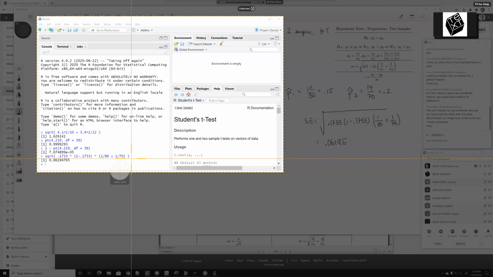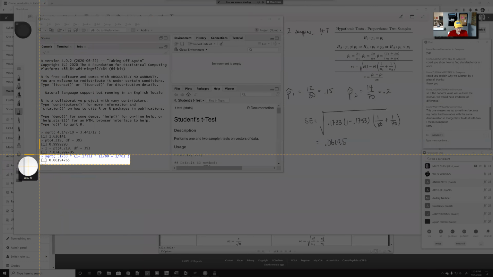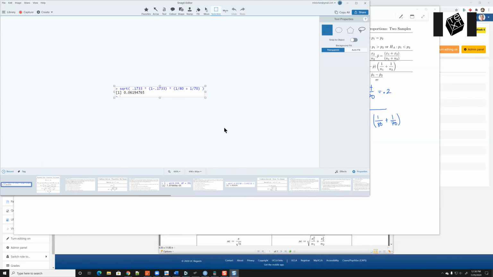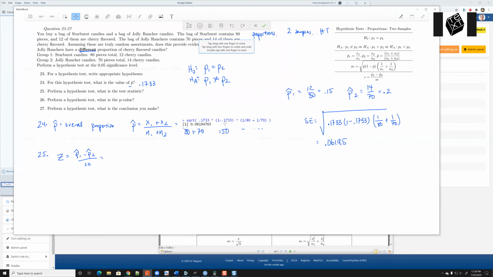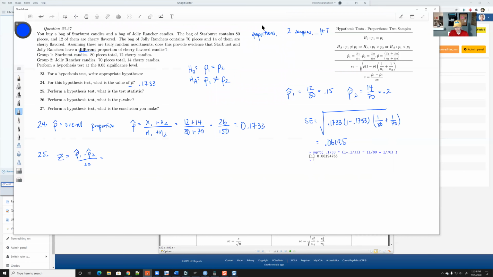Okay, so my z-score here: p hat 1 is 0.15 minus p hat 2, which is 0.2, divided by my standard error of 0.06195.